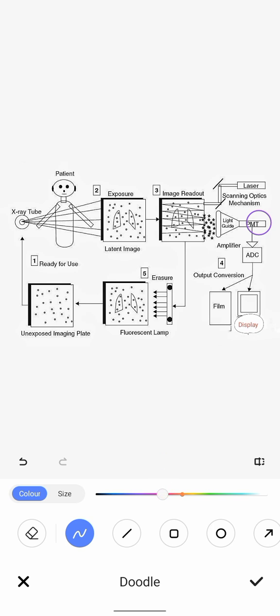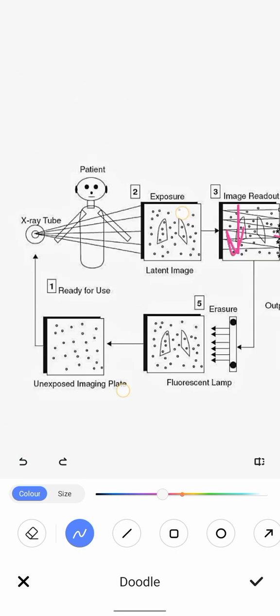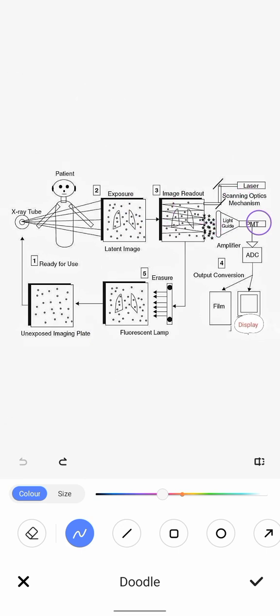The photomultiplier tube catches the blue-purple light which comes out of the imaging plate when it is exposed to the laser light. This is the first function of the photomultiplier tube. Another function is converting that blue-purple light into analog signals.